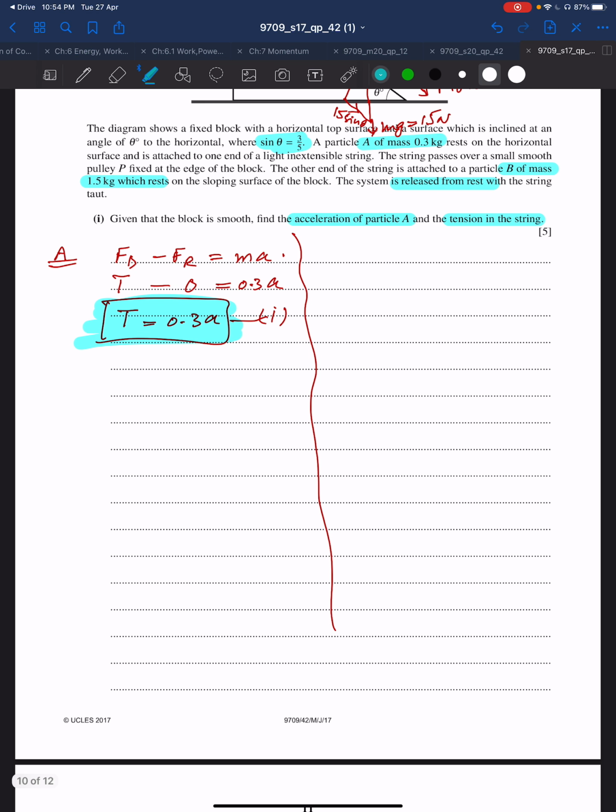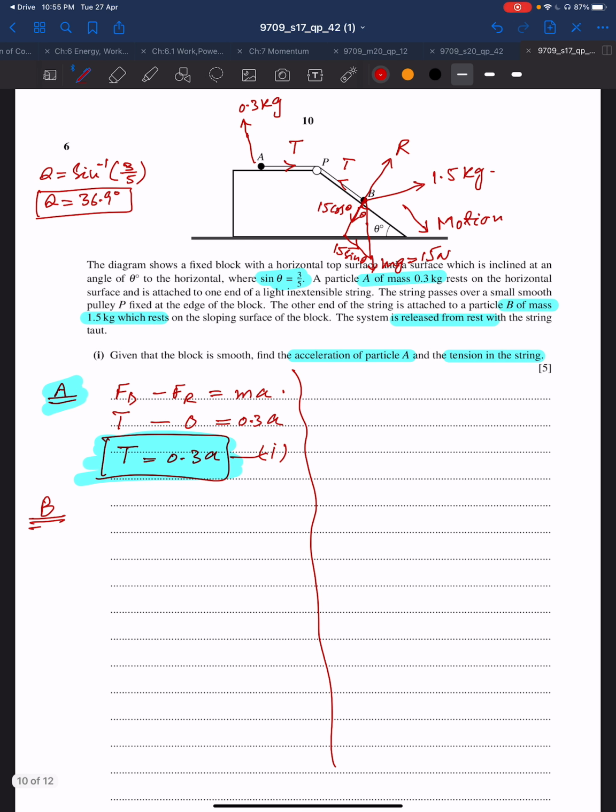For the object B, driving force minus resistance force is equal to net force, Ma. So mg sine theta, which is 15 sine theta, is the driving force, minus the resistance force, which is the tension in the cable resisting the motion in the opposite direction.